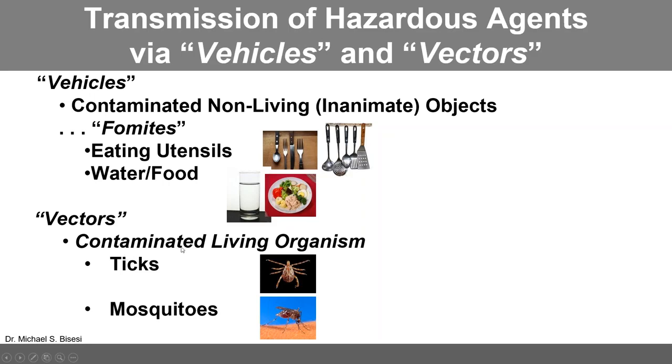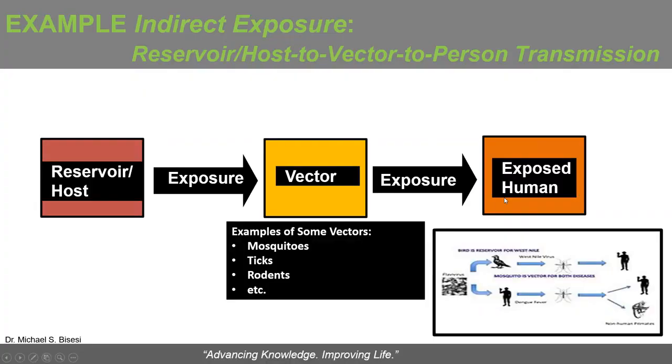Vectors involve living organisms, so tick-borne diseases and mosquito-borne diseases are examples. And so this diagram takes indirect exposure with specificity focused on a contaminated reservoir or host.